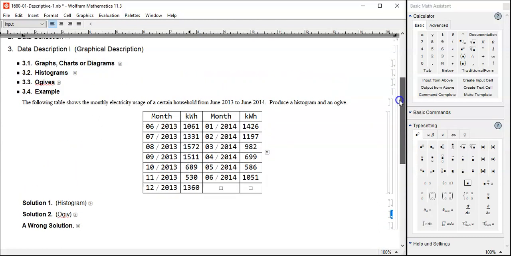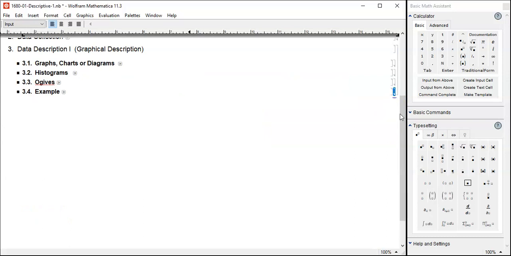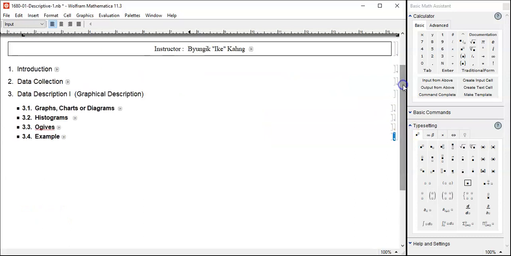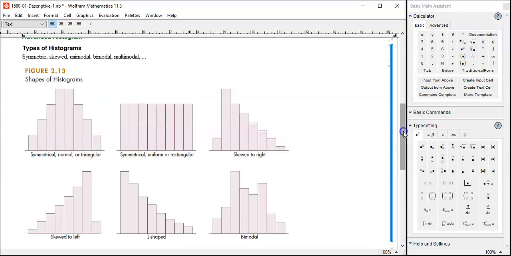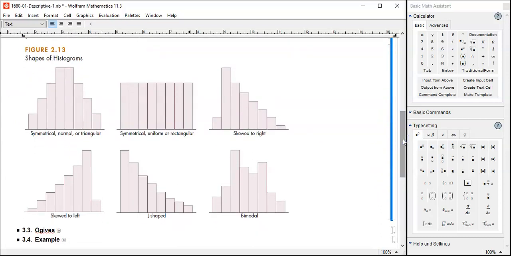Okay, pretty much done. And let's talk about one final topic on histograms. Types of histograms. Depending upon the outlines of histograms, we use these kind of terms. This kind of thing is called symmetric for obvious reasons. Left-hand side and right-hand side, pretty much okay.